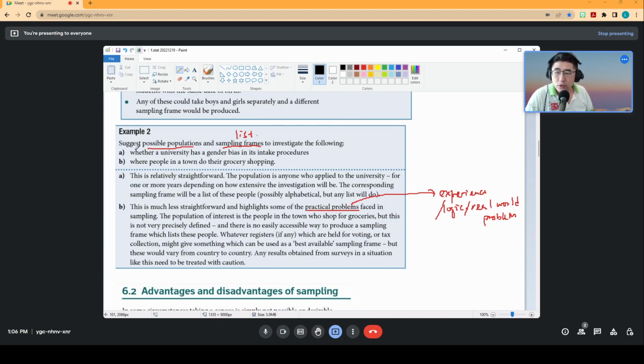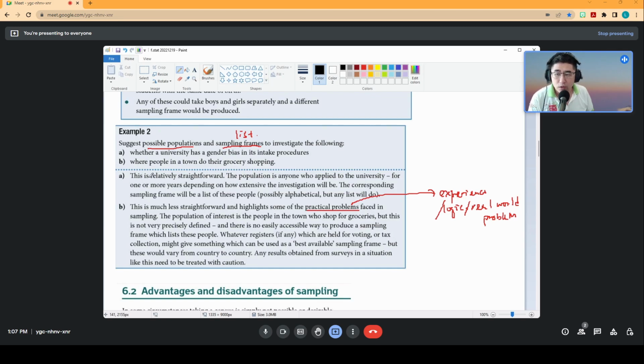Example 2, suggest a possible population and sampling frame to investigate the following: whether a university has a gender bias in its intake procedure, or where people in a town do their grocery shopping. So the method can vary, but what you need to know is the practical way for us to generate the list.